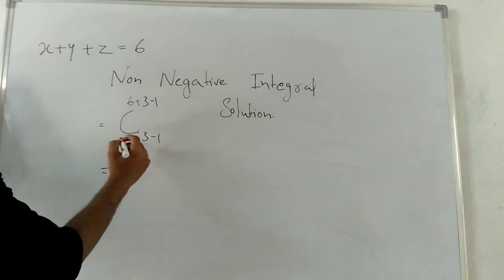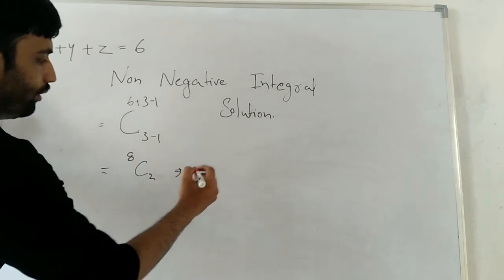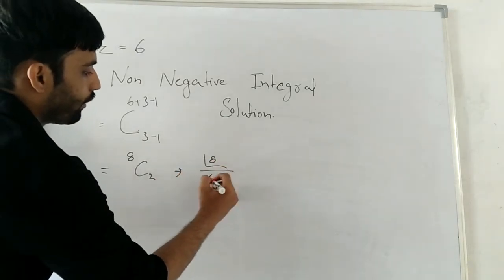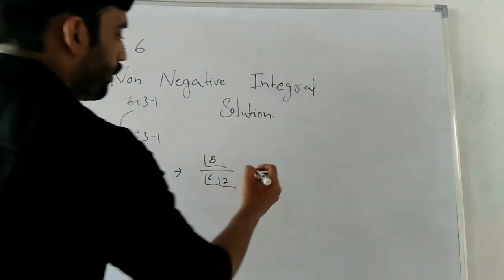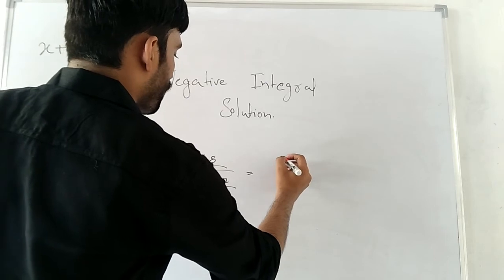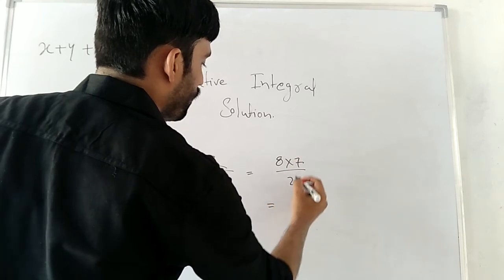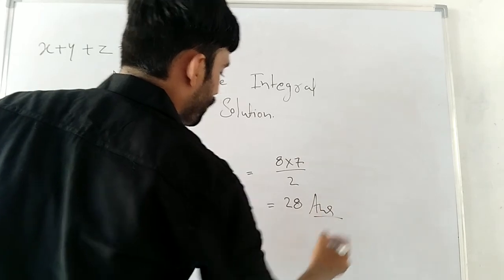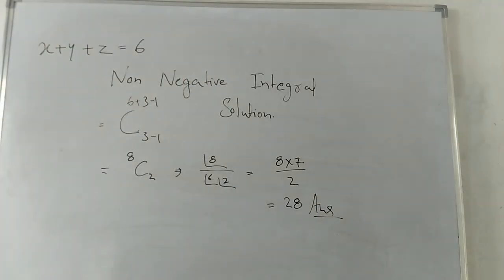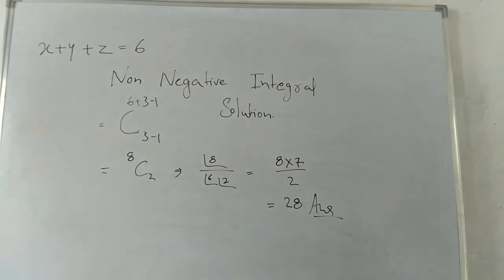So the answer will become 8C2, which means factorial 8 divided by factorial 6 factorial 2, which will become 8 into 7 divided by 2, which means 28. I hope you have understood how we can solve these kinds of questions. I am going to the next question.